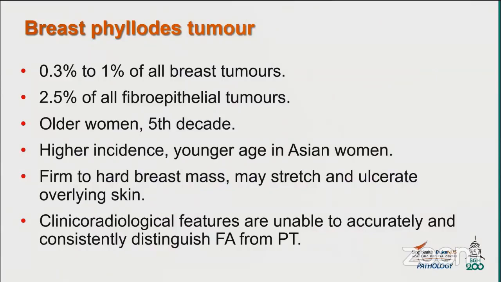The breast phyllodes tumor comprises between 0.3% to 1% of all breast tumors and 2.5% of all fibroepithelial tumors, affecting the more mature woman in the 5th decade or older. There are reports of higher incidence in Asian women in whom they can occur at a younger age.